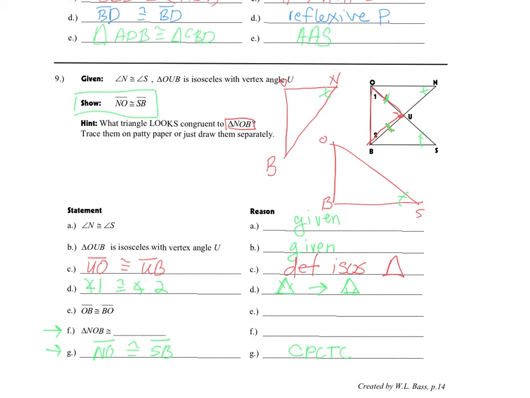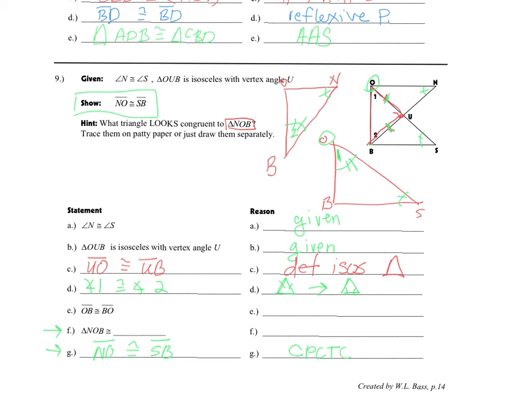So if we look at where angle 1 and 2 are located, okay, angle 1 is right here at O. So this is our angle 1 right here. And then angle 2 is at B, so that is angle 2 here. And we've just said that those are congruent. So now I have this angle congruent to this angle.